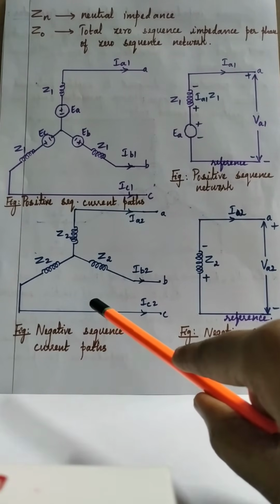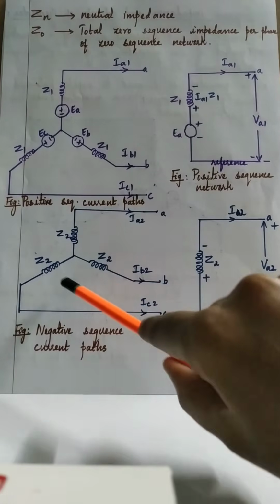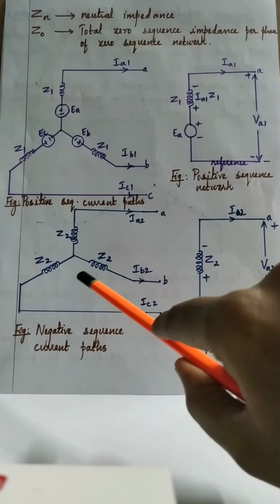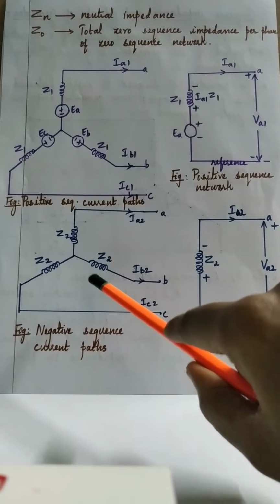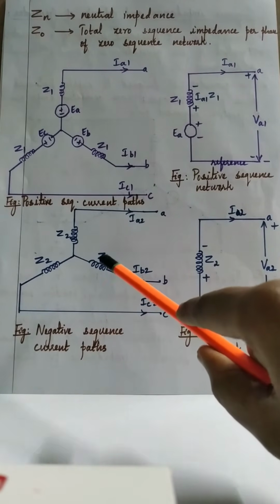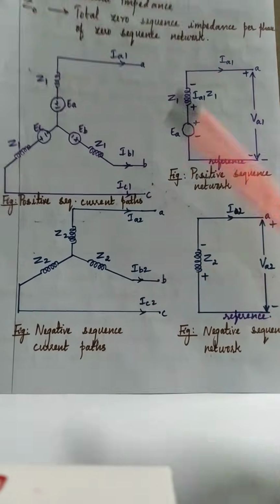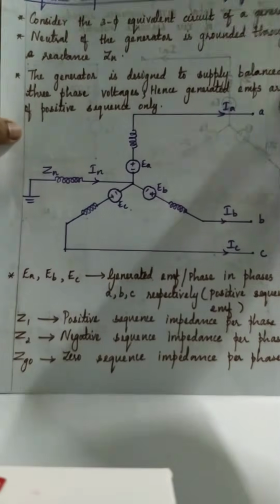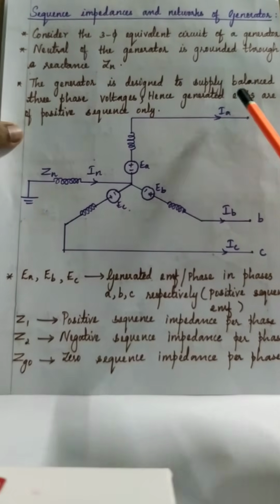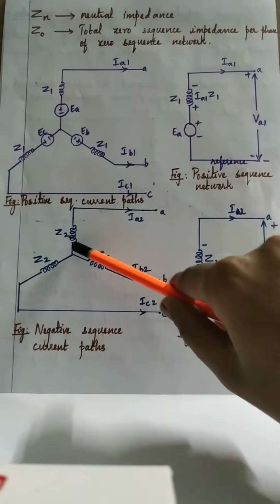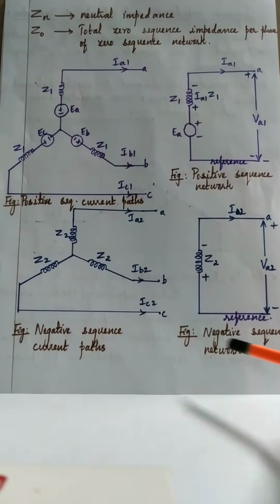So negative sequence components cannot produce a balanced three-phase supply. That is why, as I said at the start, generated EMFs can be positive sequence only, and we didn't show the EMFs in drawing the negative sequence network.